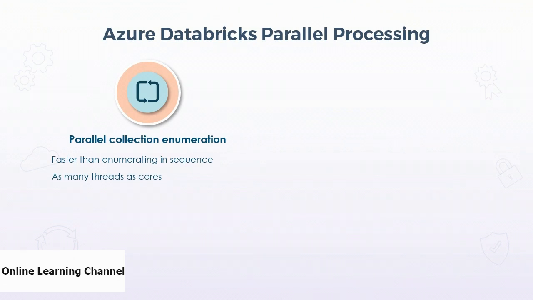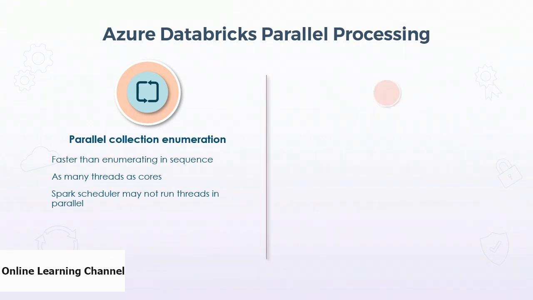In Databricks, using parallel collection enumeration allows only as many simultaneous threads to run as there are cores defined for the Databricks instance, and this is a limit. Furthermore, running in parallel is actually up to the Spark scheduler, which, for various reasons, may opt not to run certain threads in parallel. Therefore, you don't have direct control over the parallel processing with this call.